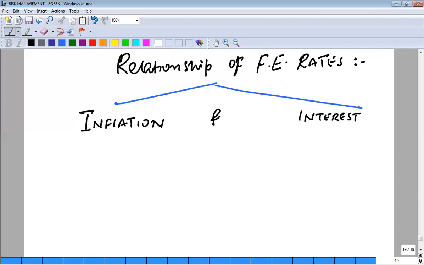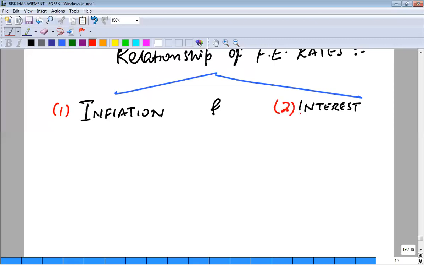These are two separate things: the relationship between foreign exchange rate and inflation, and the relationship of exchange rate and interest.